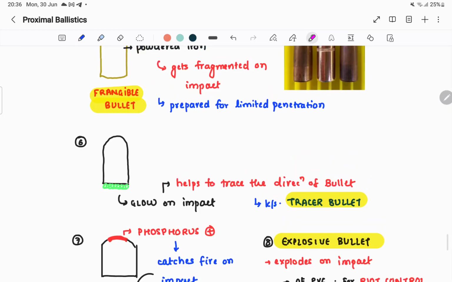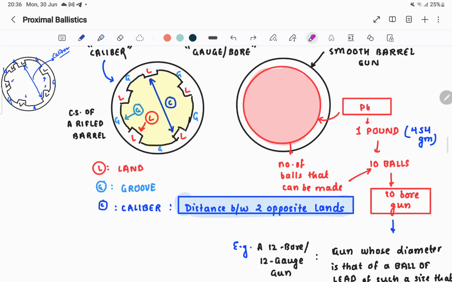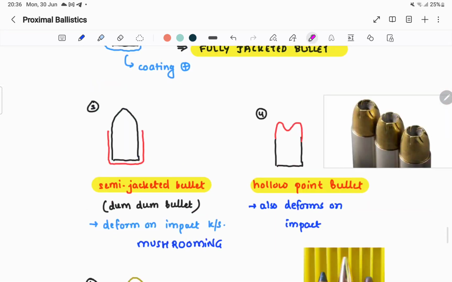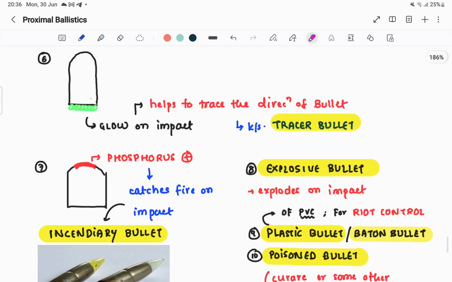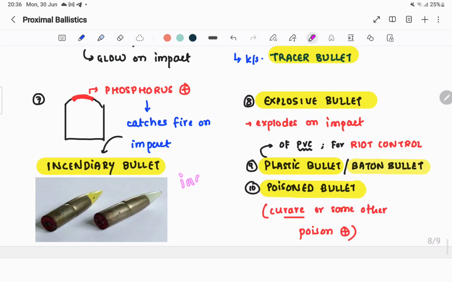Then sixth is the tracer bullet. There is radium or some luminescent material here, and it helps to trace the direction of the bullet. Then the incendiary bullet.